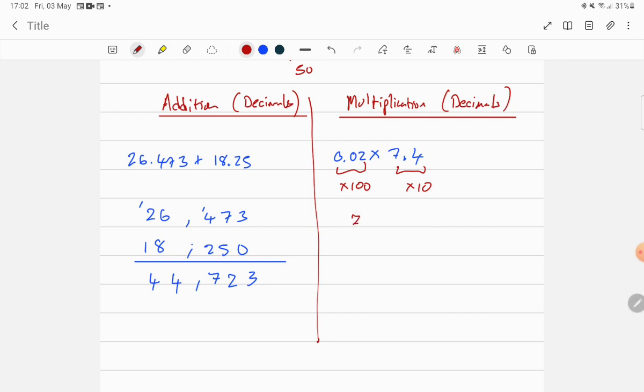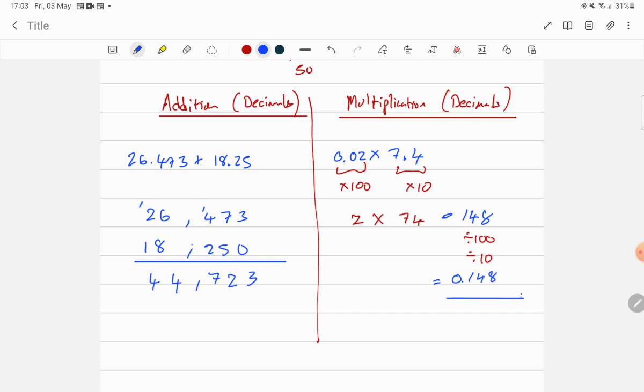So this would be 2 times 74, and that is equal to 148. And again, remember, since we multiplied by 100 and by 10, we now divide by 100 and divide by 10. So essentially divide by 1,000. Right? So that would give us 0.148.